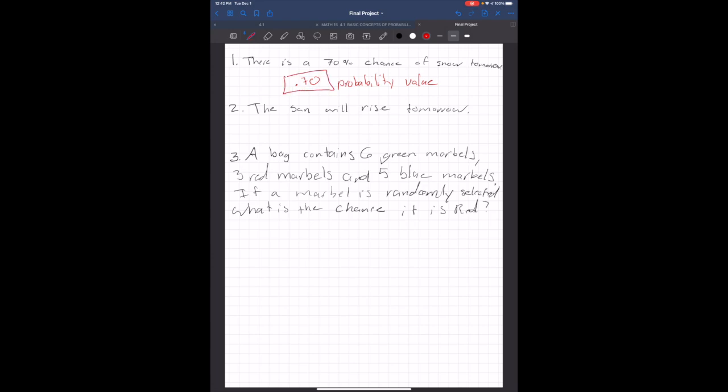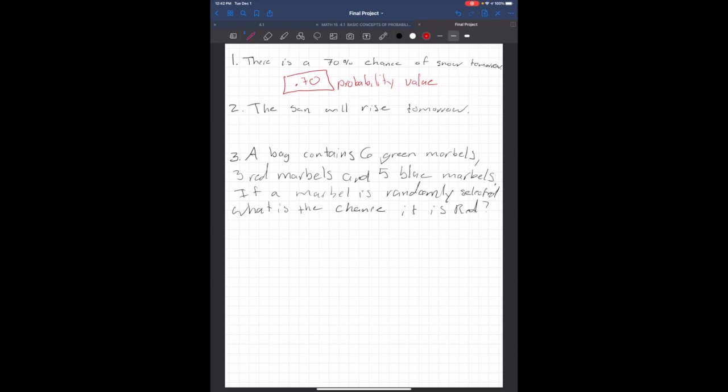As we know, 0.70 is very close to 1, which means the likelihood of snow tomorrow is very high, which makes sense because 70% is close to 100%.